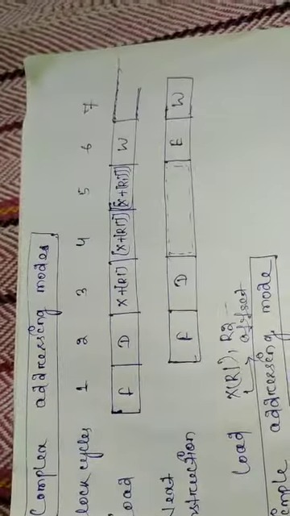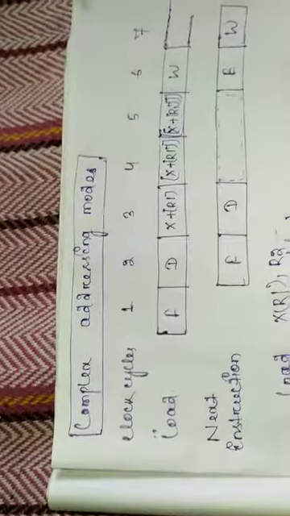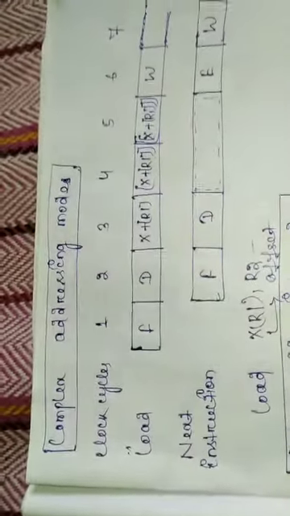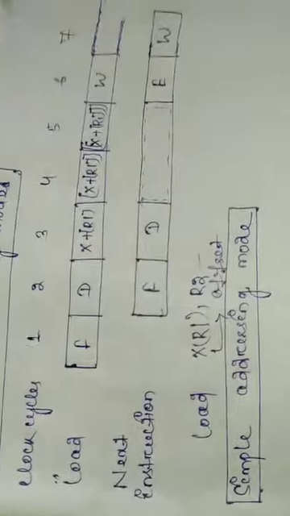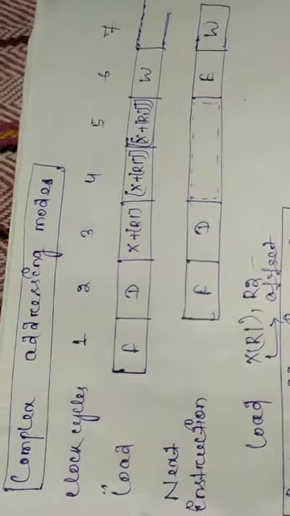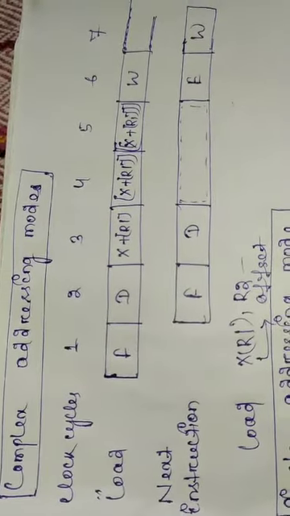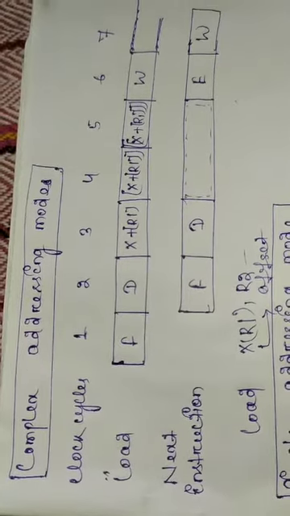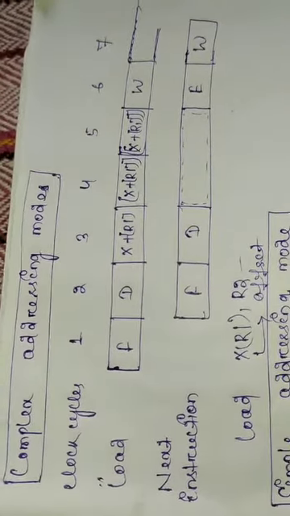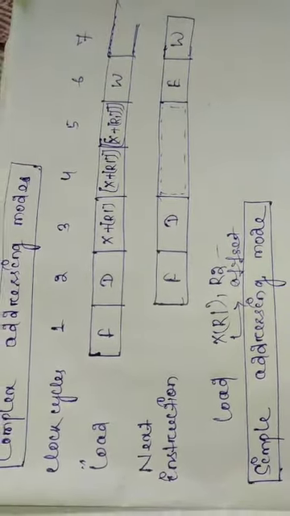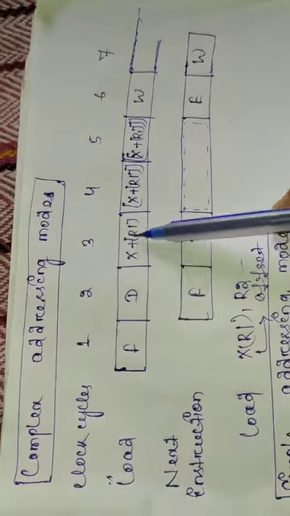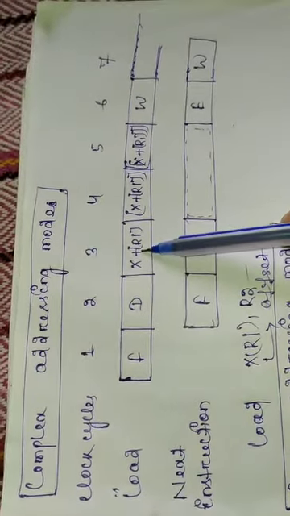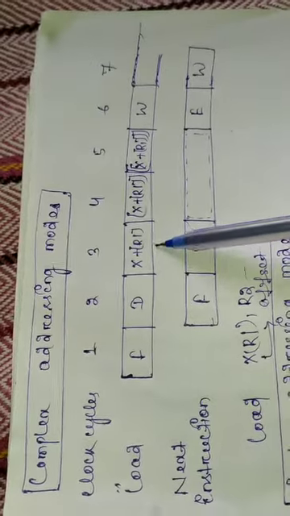Okay, so in this instruction x is the offset value which is required for generating the effective address, which we have already learned about. It starts being computed in cycle 3, so in cycle 3 it computes the address.